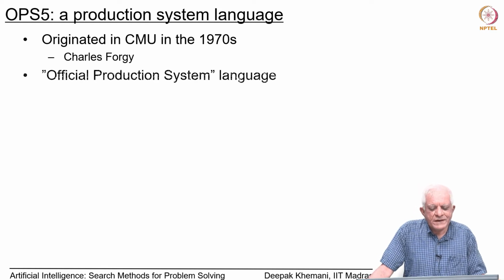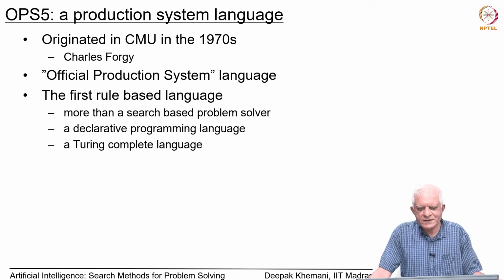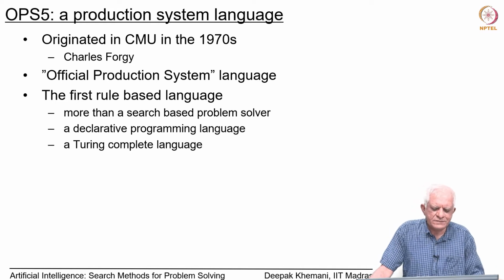As I said, this language came from CMU. It was devised by a person called Charles Forgy. In fact, it was part of his PhD thesis, one of the more influential PhD theses, you might say. The name itself reflects the fact that it was the official production system language. And like most languages, there were versions.